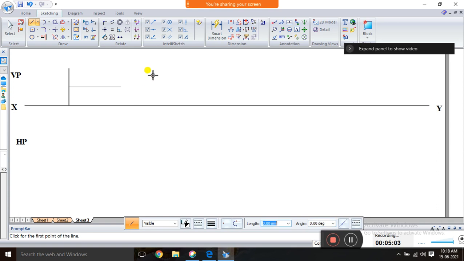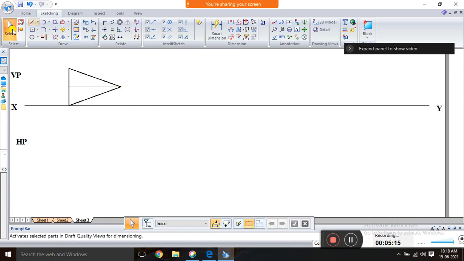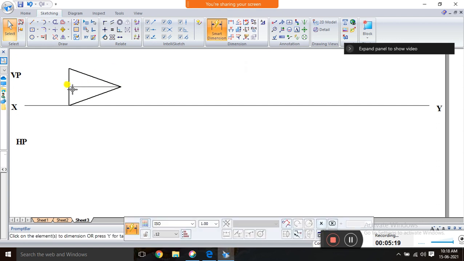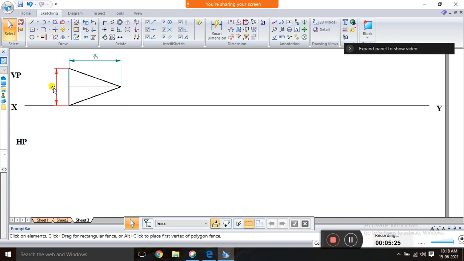Place it. Next, take the line from your scale and pencil and join this edge. This is the isosceles construction. If you want you can cross verify. This is 25 and this is 35. What they gave, altitude is 35 and this base side is 25.